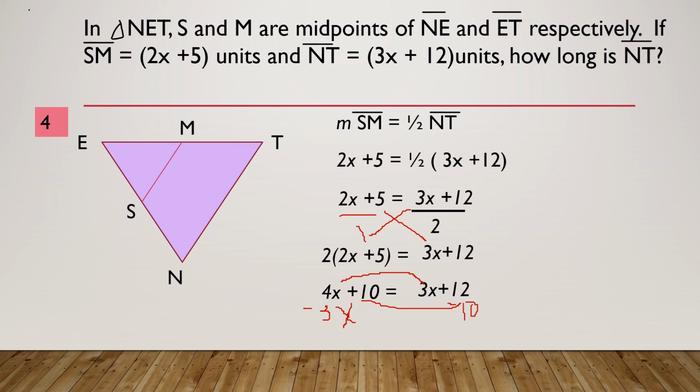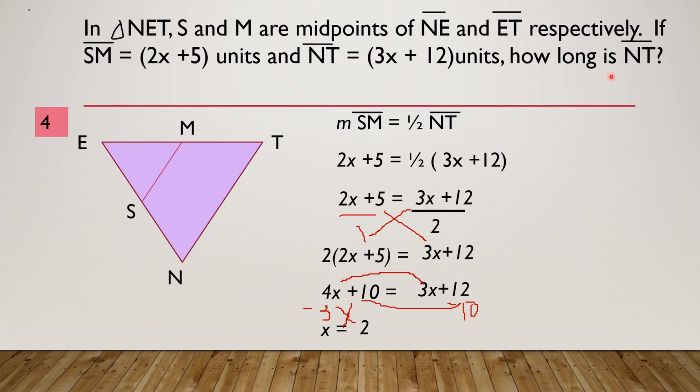So what we have now is 4x minus 3x, and that is equal to x. And then 12 minus 10 is equal to 2. So the value of x is 2. What are we going to do with the value of x? We can substitute this to get the length of segments SM and NT. But we are looking only for NT.